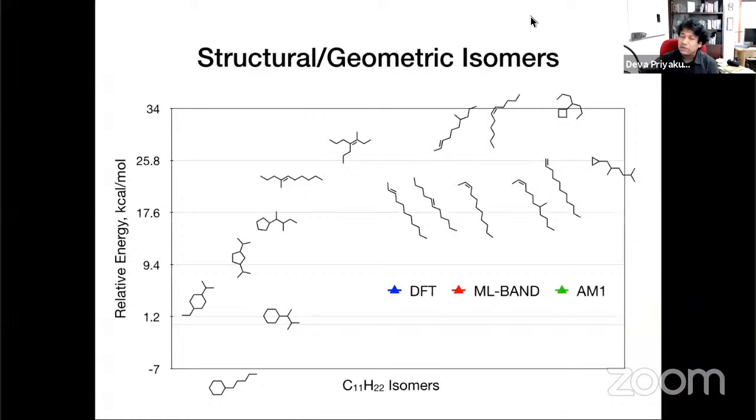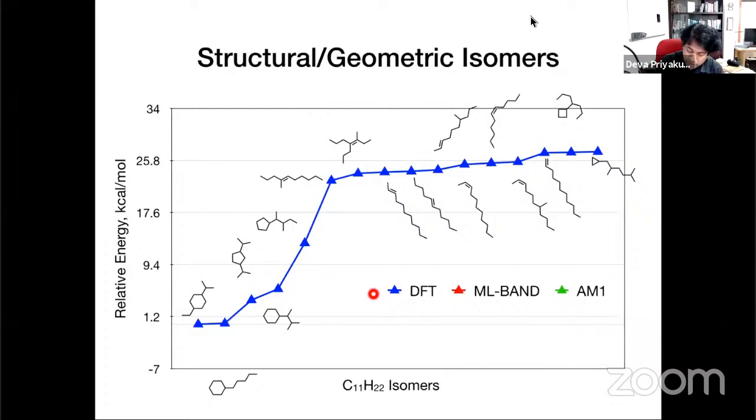So I'm just giving you some examples of results. What is given here is a set of molecules which are C11H22 isomers. These are randomly chosen and made sure that they are reasonably diverse. What is plotted is the relative energy of these molecules.